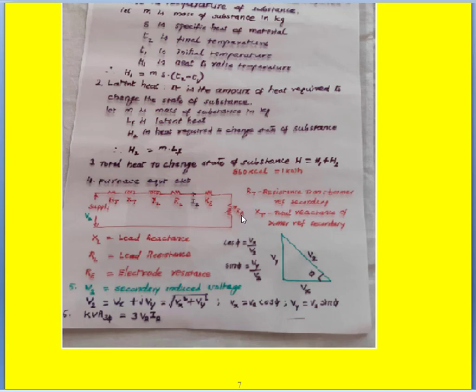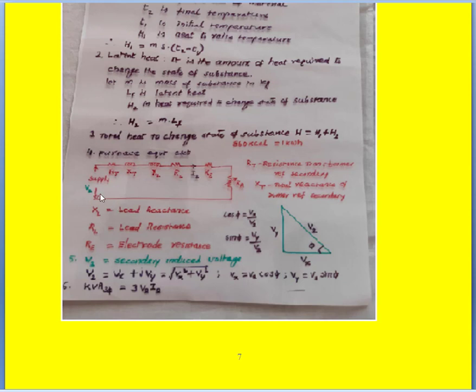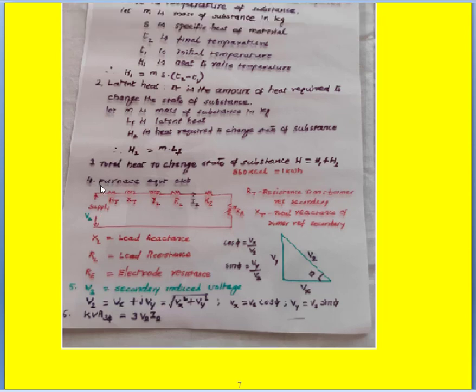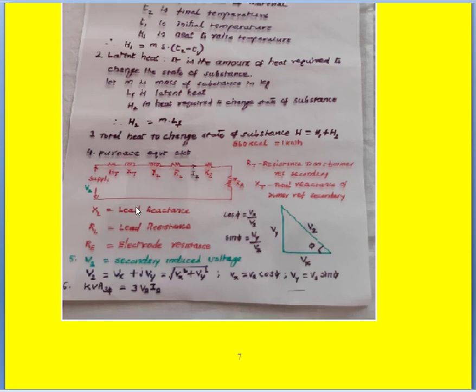This will vary with respect to the position of the electrodes. And here V2 or simply V is nothing but the supply voltage or the induced EMF in the secondary of the transformer. I2 is the current flowing in the transformer secondary.